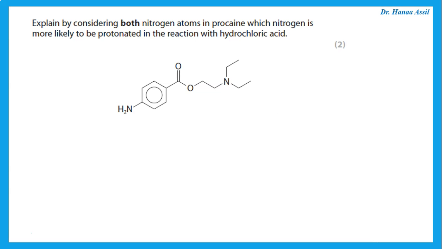What about this question? Explain by considering both nitrogen atoms in this molecule, which is called procaine, which nitrogen is more likely to be protonated in the reaction with hydrochloric acid. If I react this with an H+ ion, which of them has more lone pair of electrons available to bond with an H+ ion?